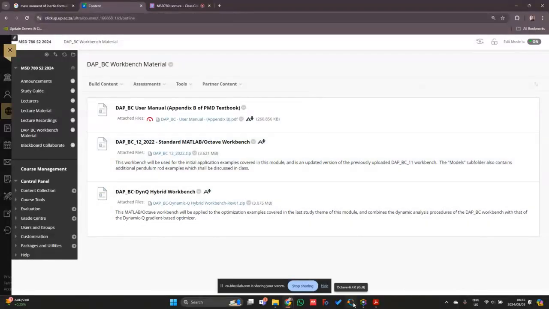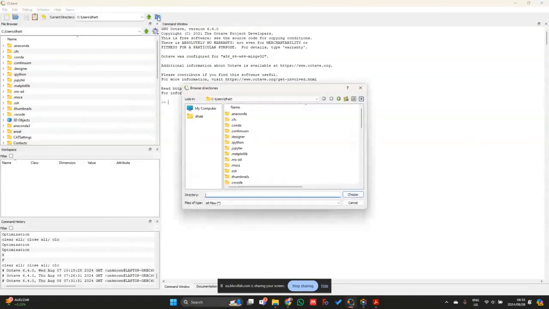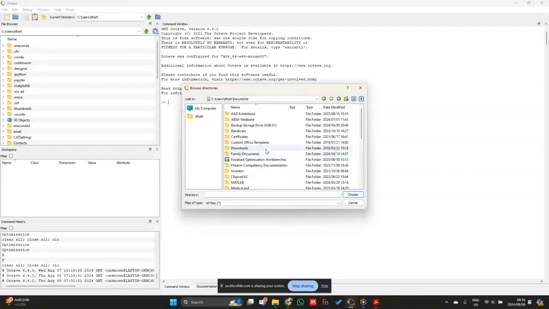Then you can head over to Octave, or if you want, you can also use MATLAB. In our case, we're just going to use Octave, as it tends to be a bit faster than the MATLAB versions. So I'm going to open up Octave over here, and then move to the relevant folder where you saved this document.